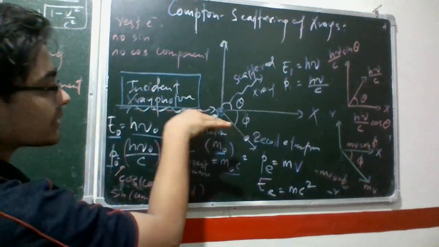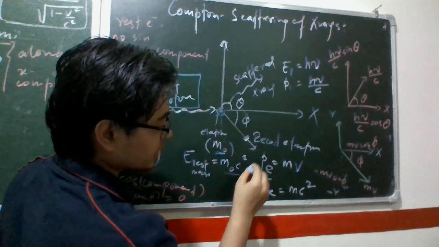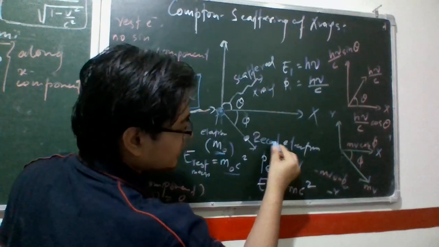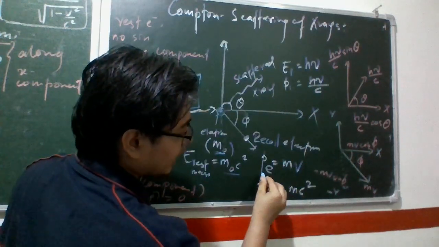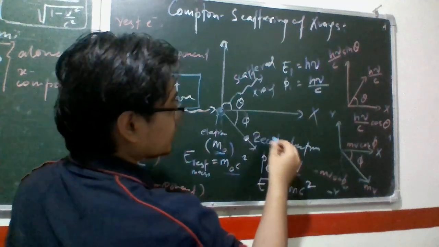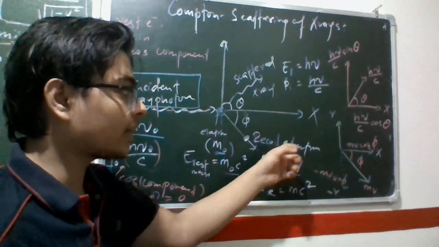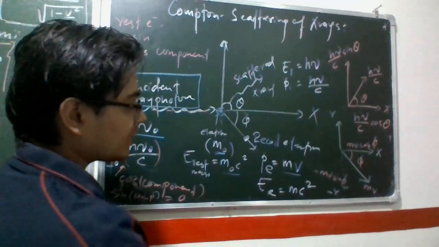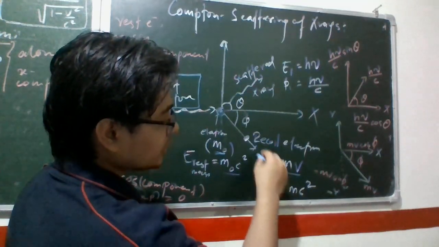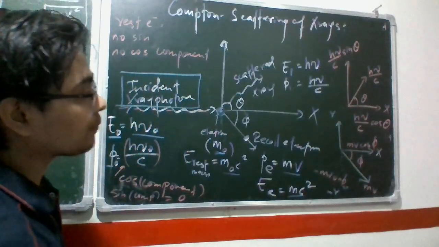When the X-ray strikes it, it recoils towards another direction, and this recoiling electron has momentum given by mv, where v is the velocity at which the recoiling electron is moving, and the energy of this recoiling electron is given by mc squared.